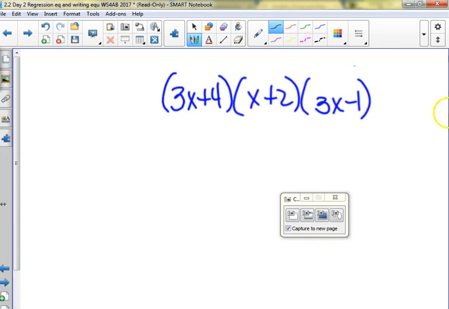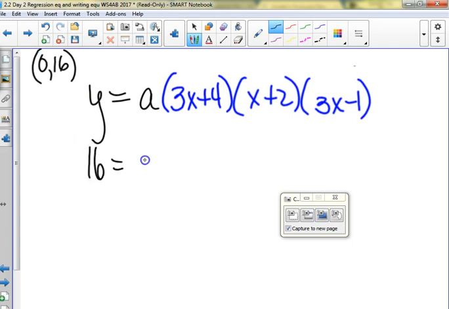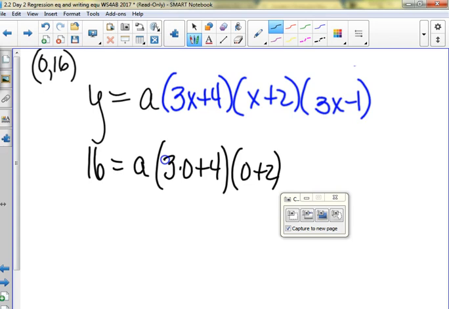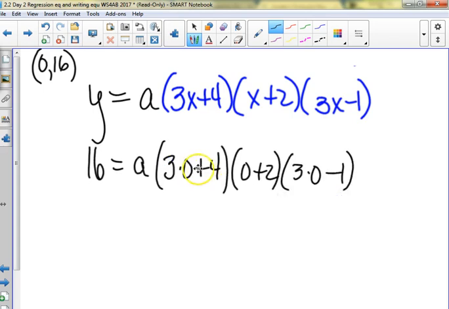All right, what ordered pair are we still putting in? Same thing. Okay, 0, 16. So we have 16 equals. And if you don't have room and you don't want to write this down, just talk me through this. What happens over here?